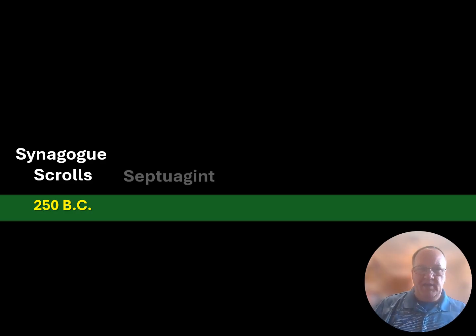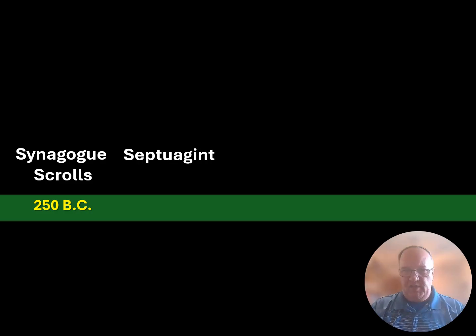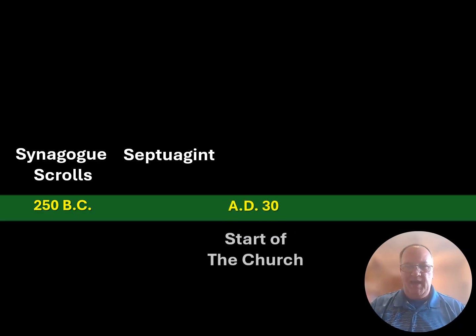Well, then what comes is the translation of the Hebrew Bible, known as the Septuagint, a version, not a manuscript, but a version. And that's written right about this time. Well, then we enter into AD 30, and what do we have? The start of the church.